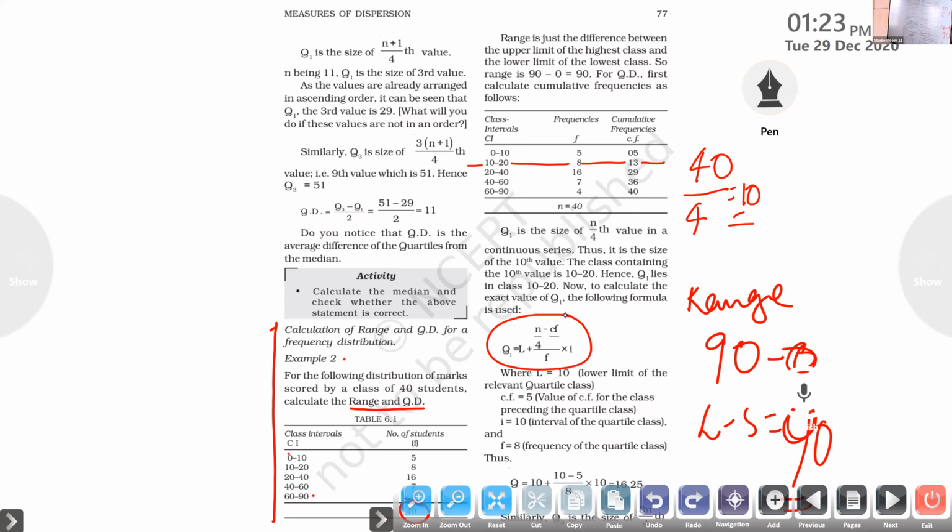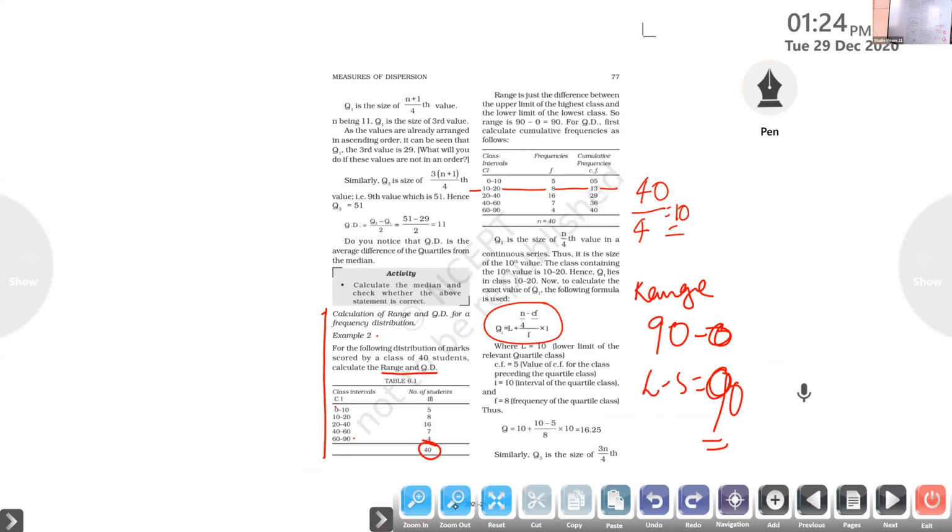I is 10, the interval of the quartile class: 20 minus 10 is equal to 10. F is 8, the frequency of the quartile class. Got it?